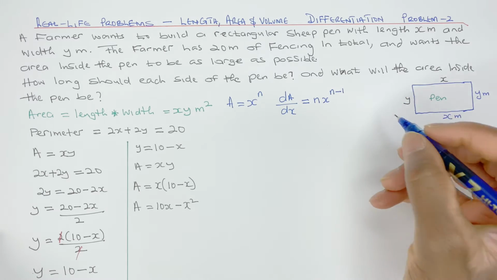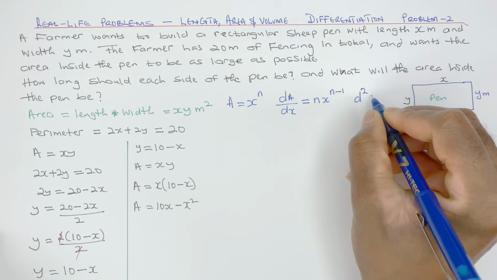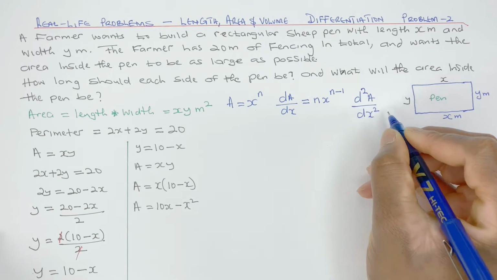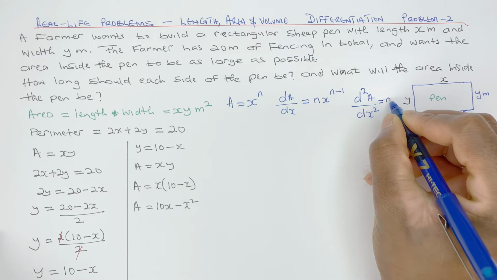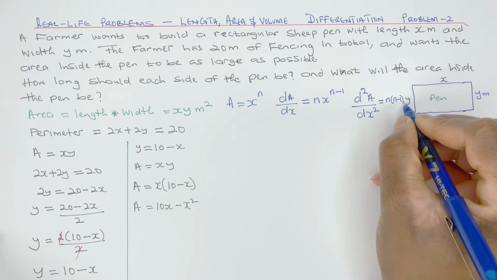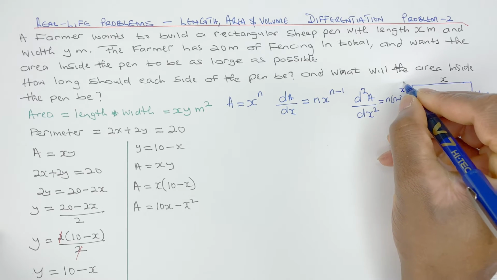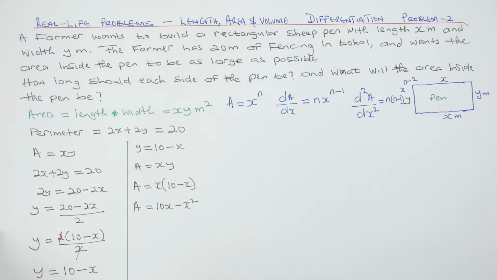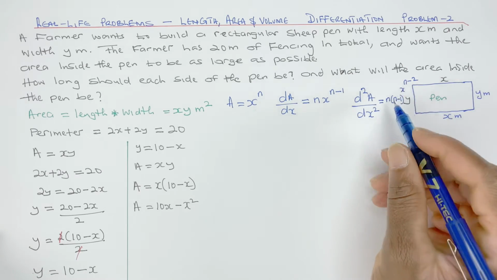And for the second derivative, d squared A over dx squared will be equal to n into bracket n minus 1, times x to the power n minus 2. So that's the second derivative.